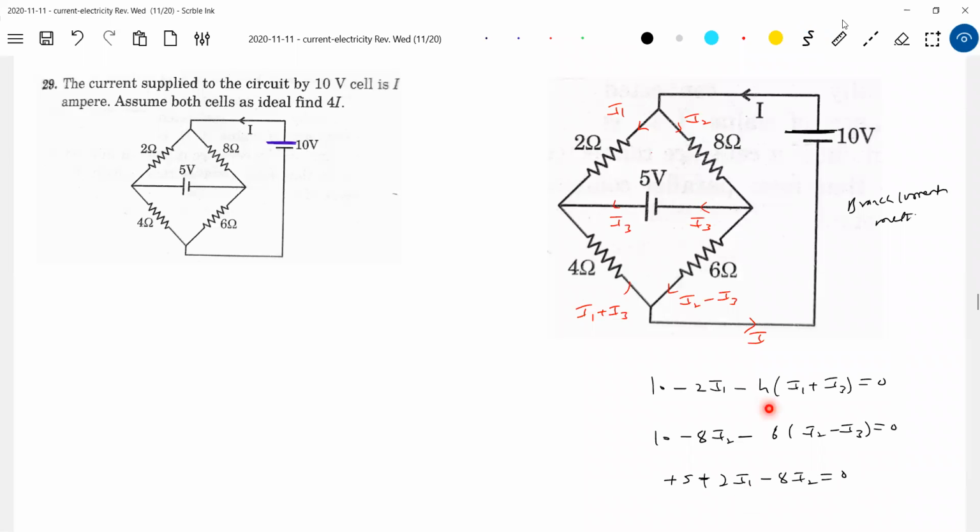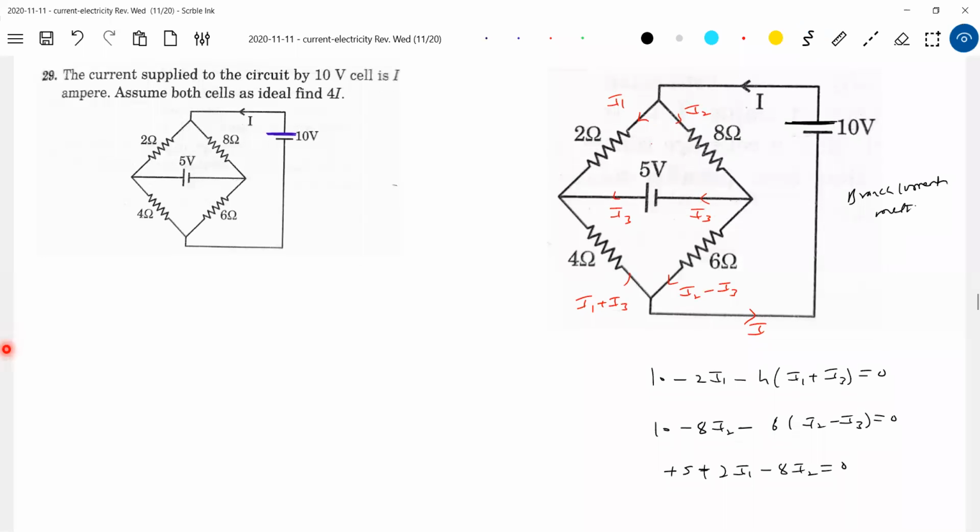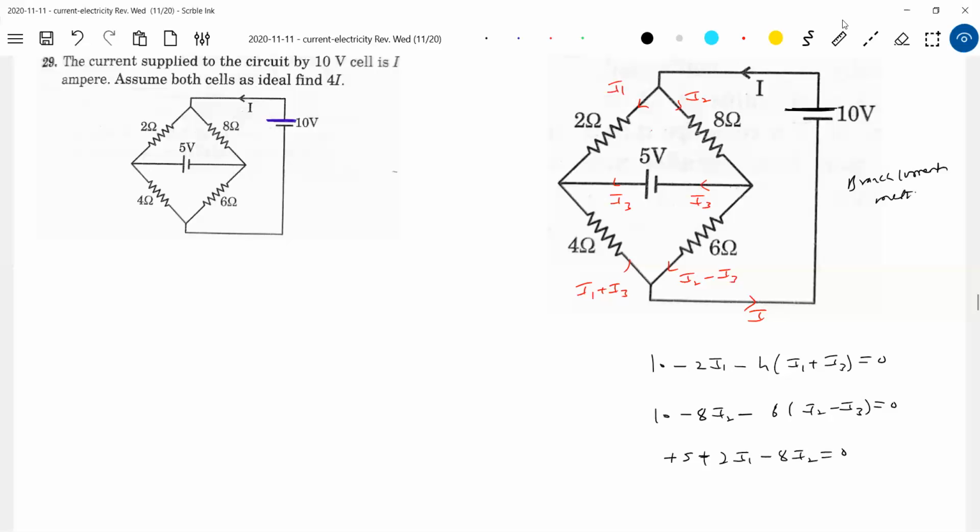Three equations, three unknowns; solving, we'll get the answer. That's the branch current method. Or else you can go for the I1, I2, I3 loop current method, then solve it and you also get the answer. One more, we have nodal analysis. Loop current method, I need not show all of you. Okay, now nodal analysis we will take.